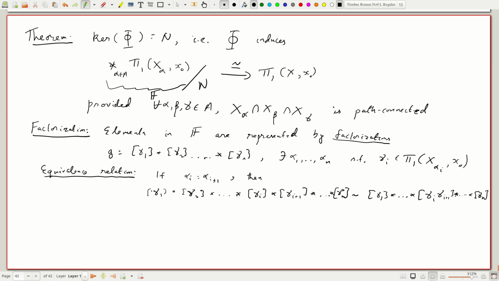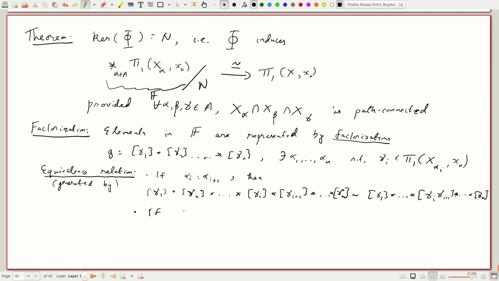For a couple of reasons we don't need to delete the identity in the proof. But it's clear that if two elements are equivalent this way, they give you the same element in the free group itself already.